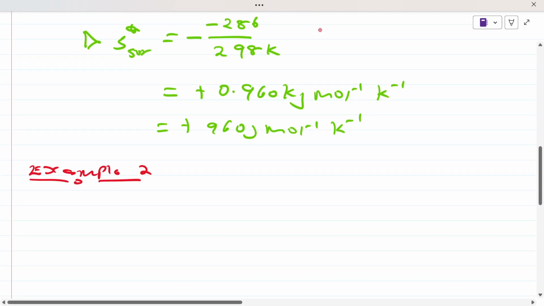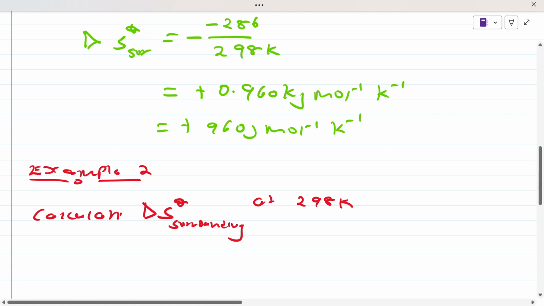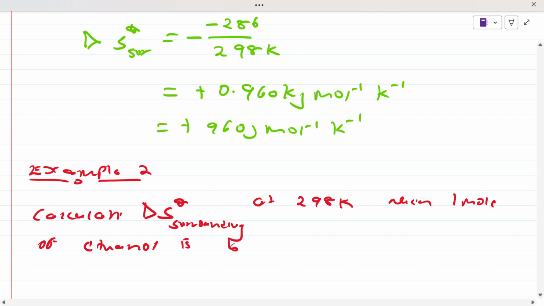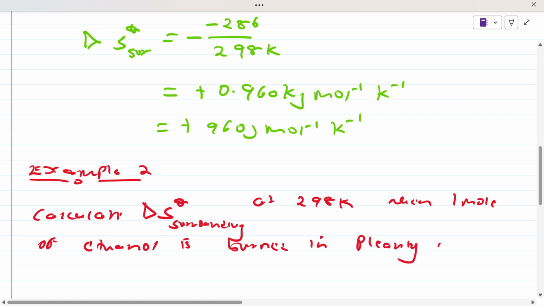In example 2 we are told to calculate delta S under standard condition of the surrounding at 298 Kelvin when 1 mole of ethanol is burned in plenty of oxygen.